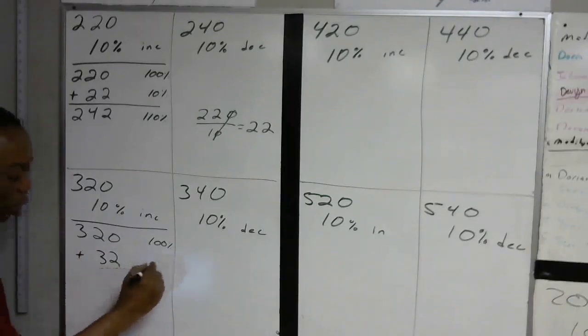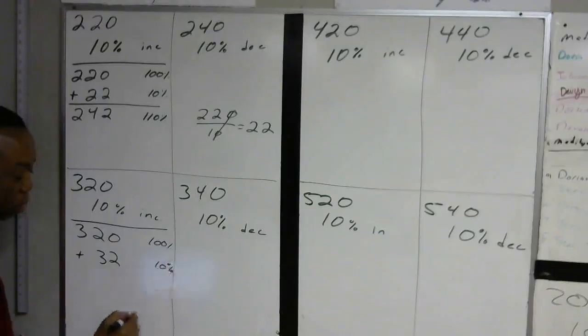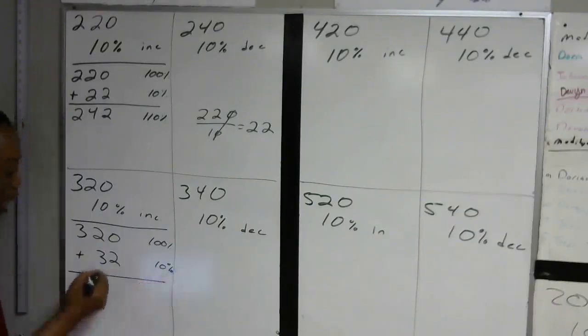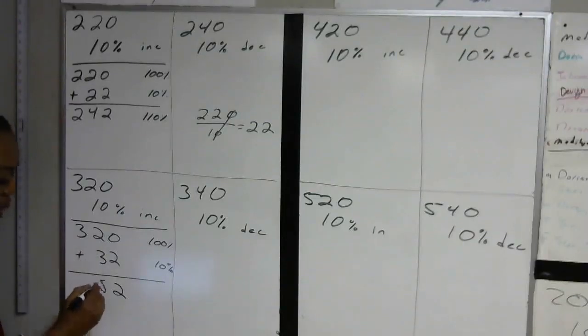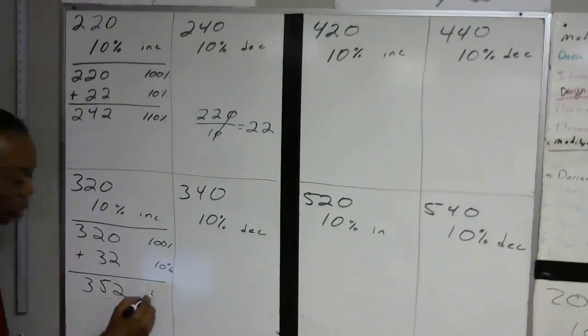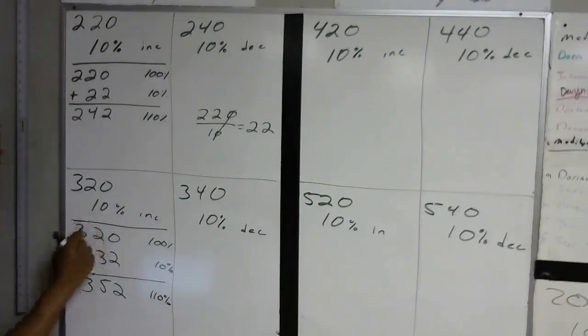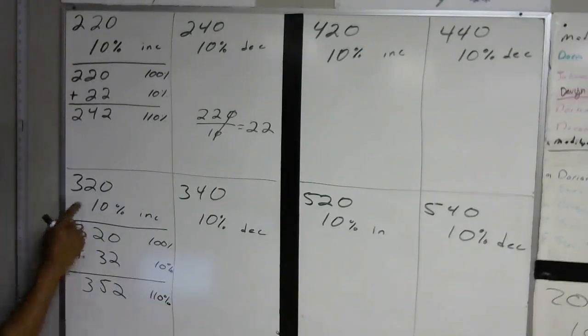Again, 32 is 10%. Adding these, 0 plus 2, we get 2. 2 plus 3, we get 5, and 3. This 352 represents 110%, or should I say a 10% increase in the original.